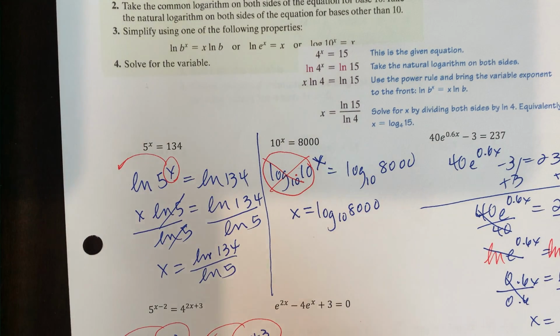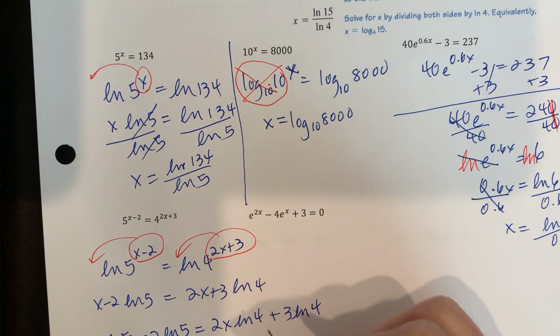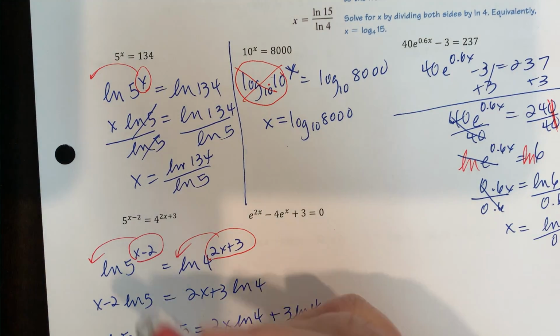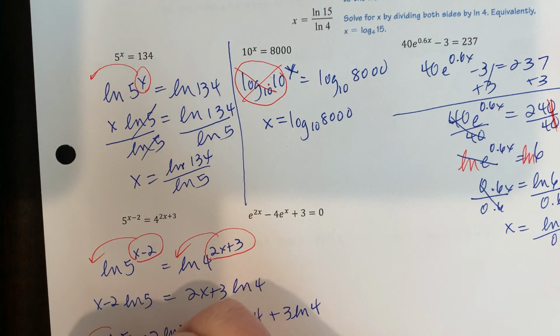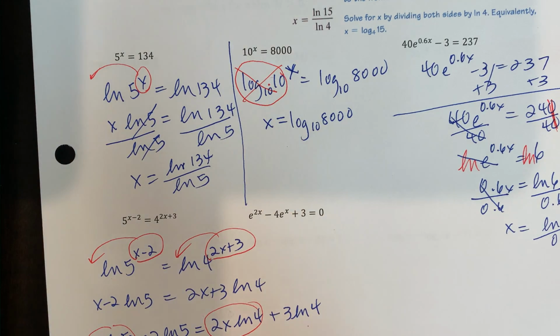All right, and then what you'll notice is, oh, I almost forgot something. I'm going to combine. So what I'm looking for, I worked this earlier, is I'm going to put the ones that have an x together and the ones that don't have an x together.